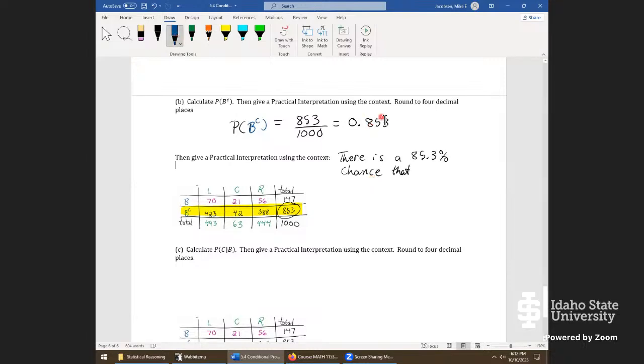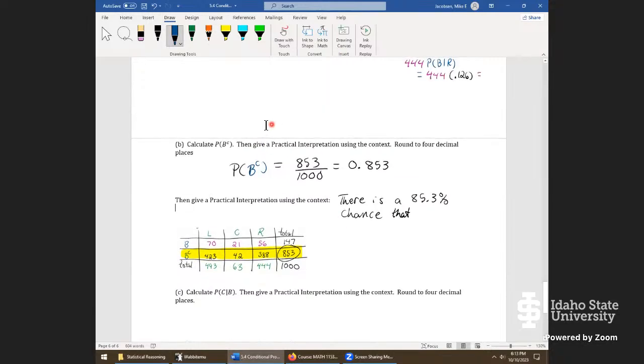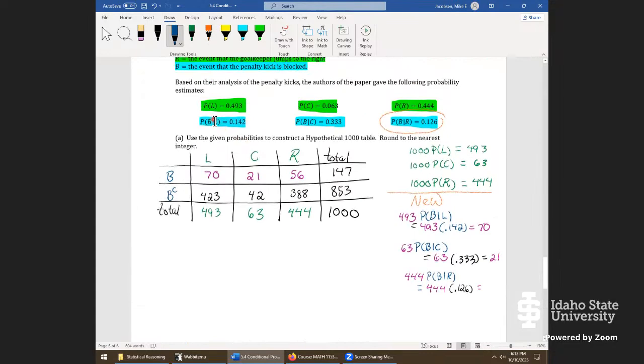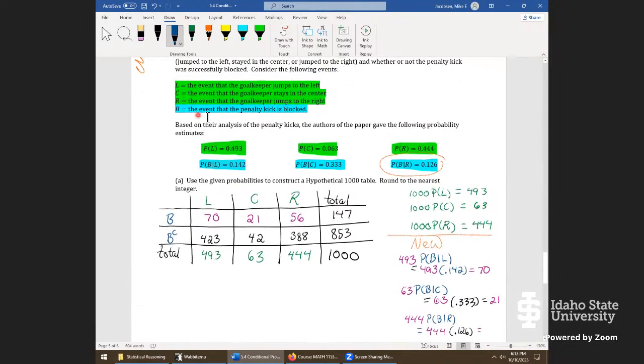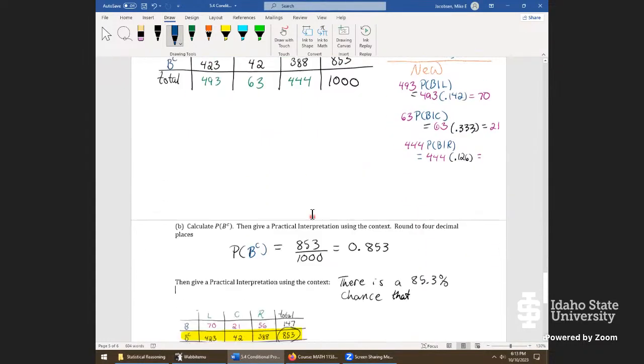that, so after we say the probability, go inside the probability statement, and we're just trying to read out what does B complement actually stand for. Well, you can always, if you're not sure, go up to where B is defined. B is the event that the penalty kick is blocked. That means B complement, we'll just say is not blocked.